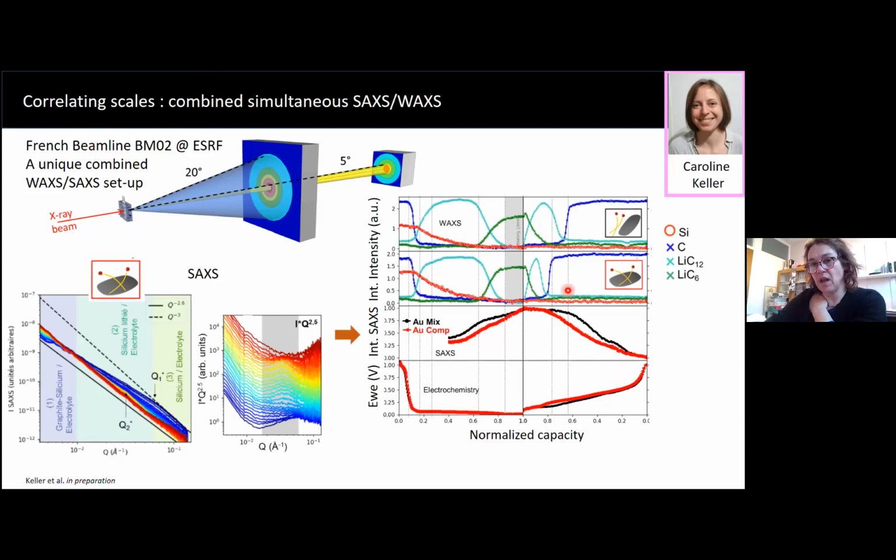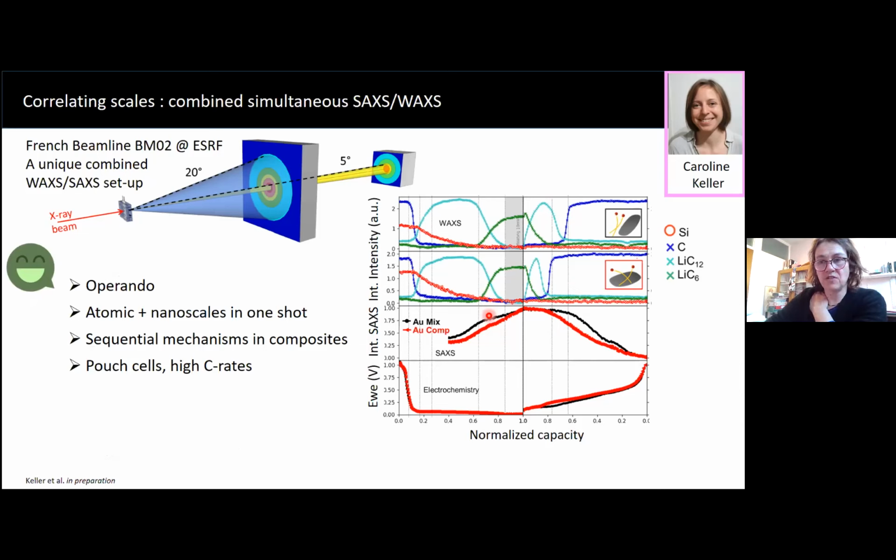Nothing is happening until the limit here where you have completely delithiated your graphite, and then you start delithiating the silicon. So those changes in slope in the SAXS data are really telling you the interplay between the silicon and the graphite lithiation and delithiation, and you can establish the sequence of steps for the lithiation of the two phases.